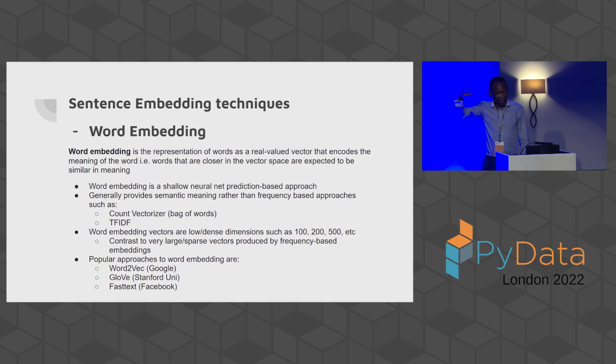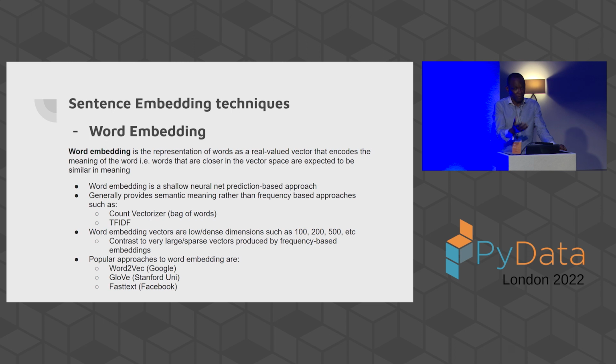Sometimes this can be very large, and most of it is just zeros. It's sparse. With word embedding, when you train a neural net to spit out a word embedding, you predefine the dimension of the vector, typically 50, 100, 200, 300. It's well defined, and so it's a much smaller vector that tries to capture semantics as well.